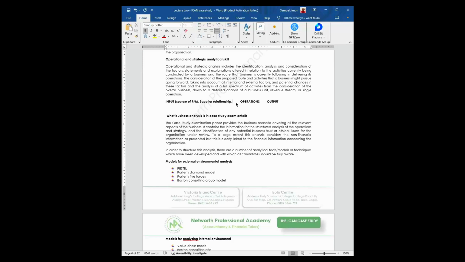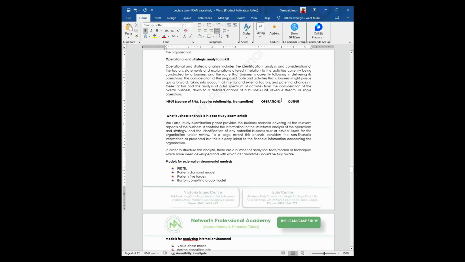You are given a 30-day period to pay back, but you are not paying back as at when due. That might result in the supplier taking away that source of funding for the business. There may be issues with transportation of raw material. So we are looking at what are those possible issues that may affect the input activities of the business.